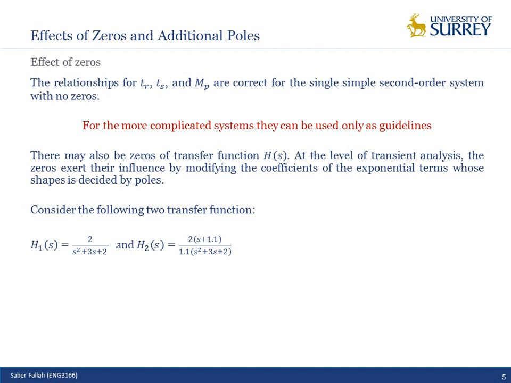use the partial fraction, calculate the constants of the transfer function. What does this statement say? It says there may also be zeros of a transfer function H(s). At the level of transient analysis, the zeros exert their influence by modifying the coefficients of the exponential terms whose shapes are decided by the poles.